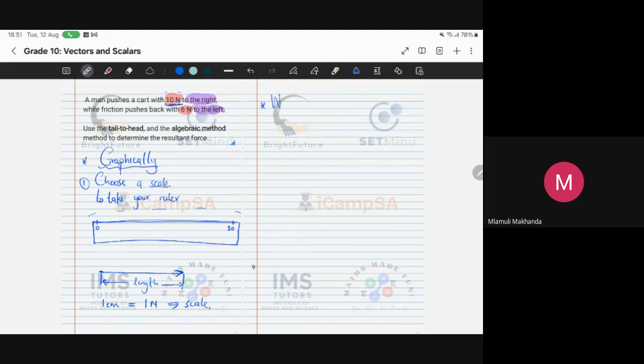So let me just say, when choosing the scale, for example, your vector will be long enough to visualize, but short enough to fit within the length of your ruler.